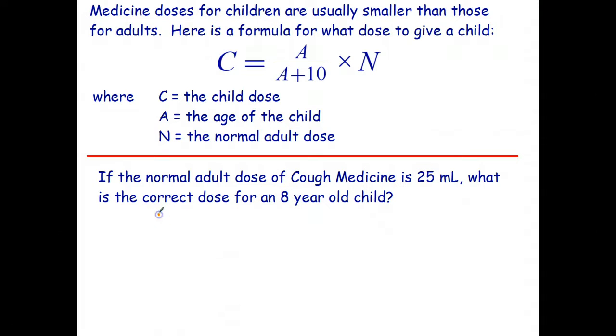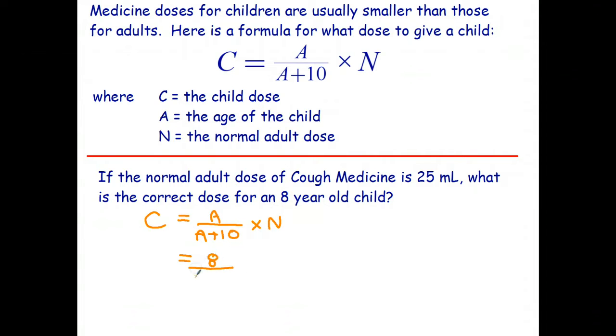So start by writing the formula. C equals A over all of A plus 10, multiplied by N. So we write the formula. The second step is to substitute. A is the age of the child, which is 8.